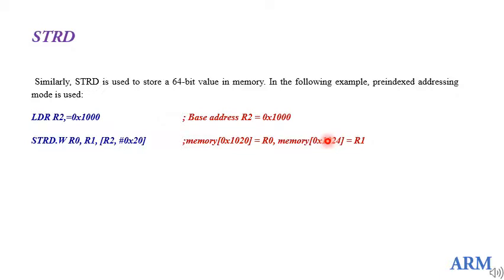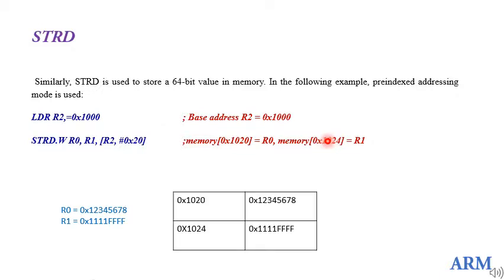If you see the memory picture, I have taken, for example, R0 as 0x12345678 and R1 as 0x1111FFFF. As per this, the address computed is 1020, to which the R0 value will be stored, and the next available address is 1024, to which the R1 value is stored, that is 1111FFFF.